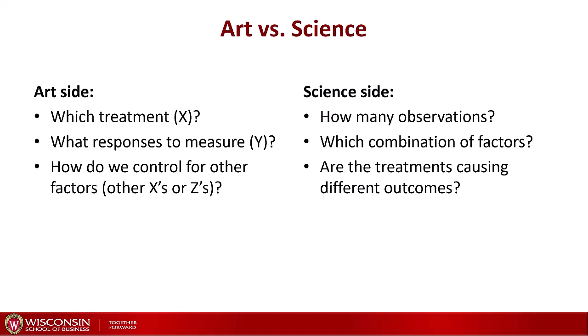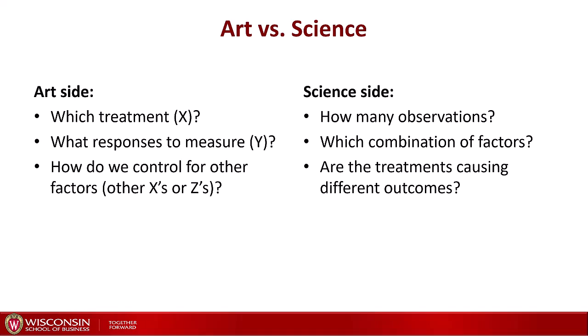Among all the factors and questions you have to consider when you're designing your experiment, you can classify them in broadly two categories. Some of it is more of an art, like which treatment to apply, what is your X variable, and what response to measure, so what's the Y variable, how to model it, and how to control for other potential factors, so the other X's that are not part of the treatment or the variables that you're not observing, the Z's.